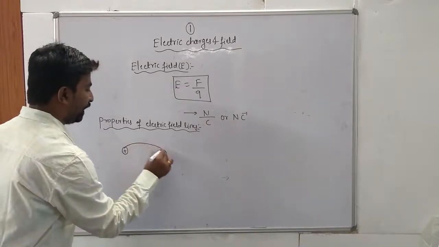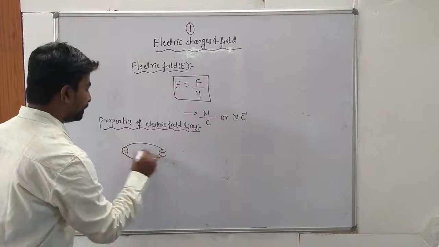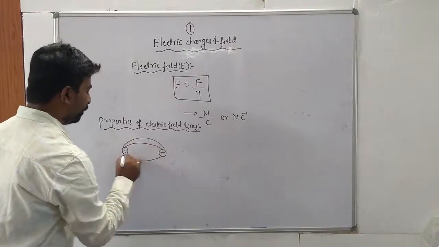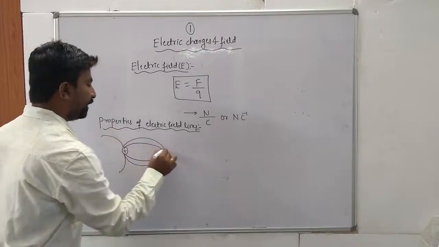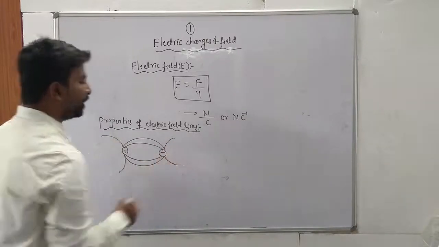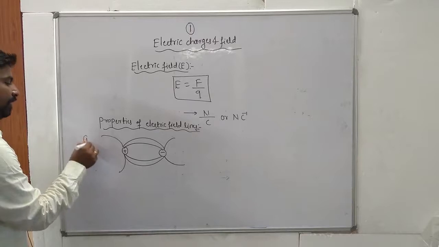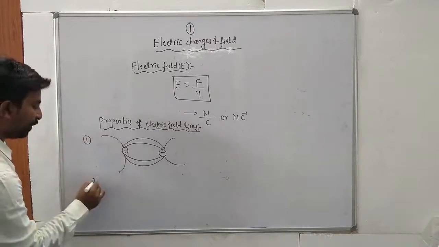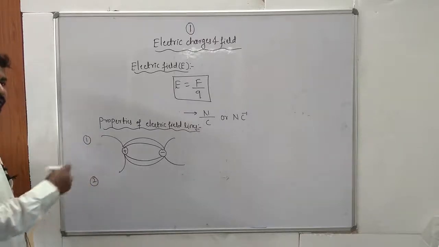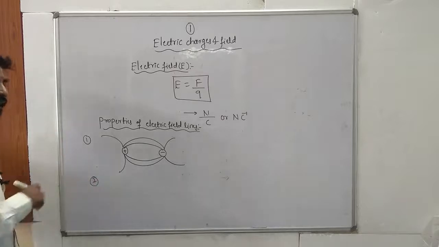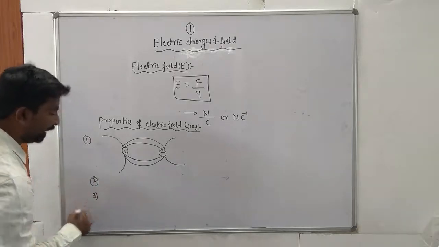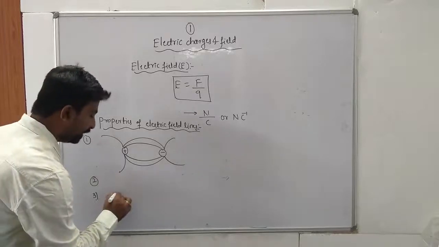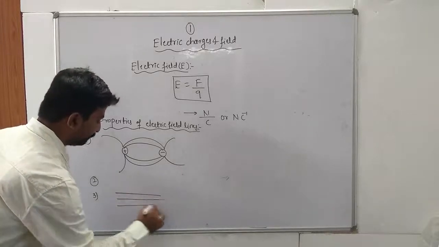Second property, they have no physical existence. Then third property, electric field lines cannot intersect with each other.